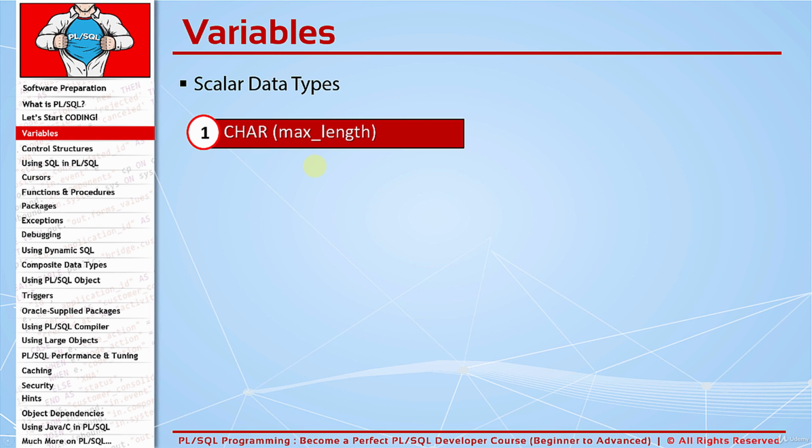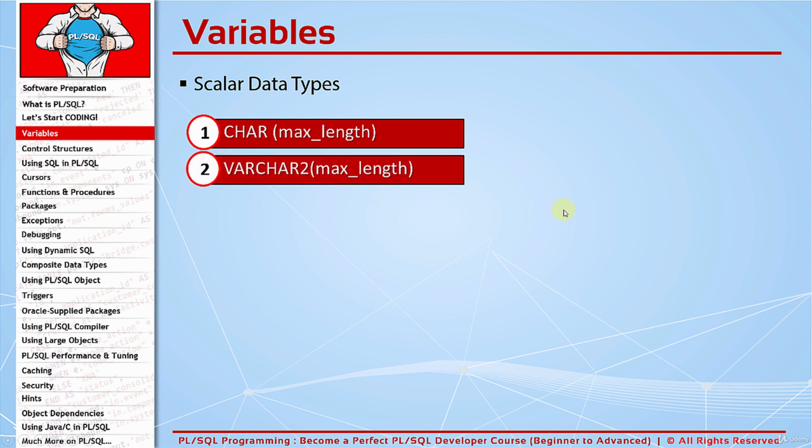So let's start with char. Max length. Character data type. We can think of it as string or text. We can specify its maximum length up to 32,767 bytes. If we do not specify anything, the default value is 1 byte. And varchar2, an extended type of char type.